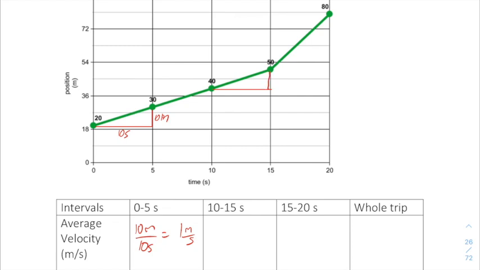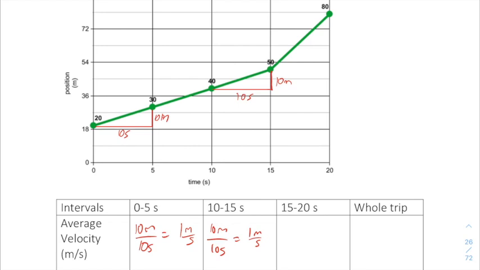To go from 10 to 15 seconds, we can see another increase of 10 meters and another increase of 10 seconds. So this would be 10 meters over 10 seconds. And so that gives us another 1 meter per second.